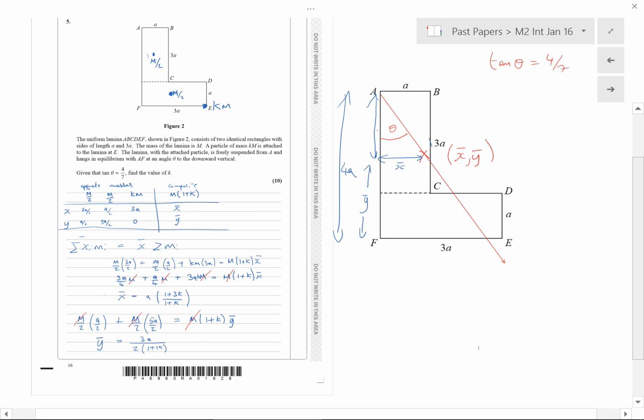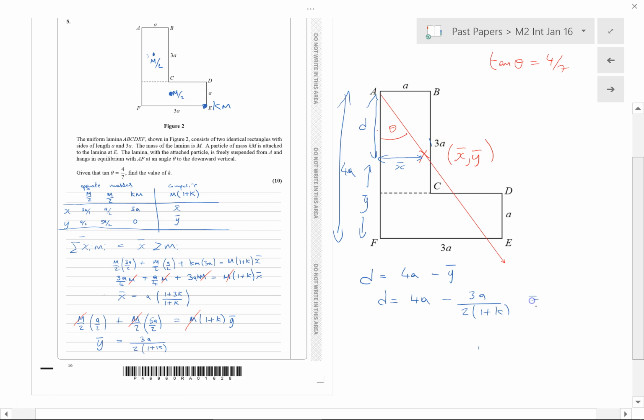So let's call this distance d. So we have d equals 4a minus y bar. So d equals 4a minus y bar, which is 3a times 2, 1 plus k.